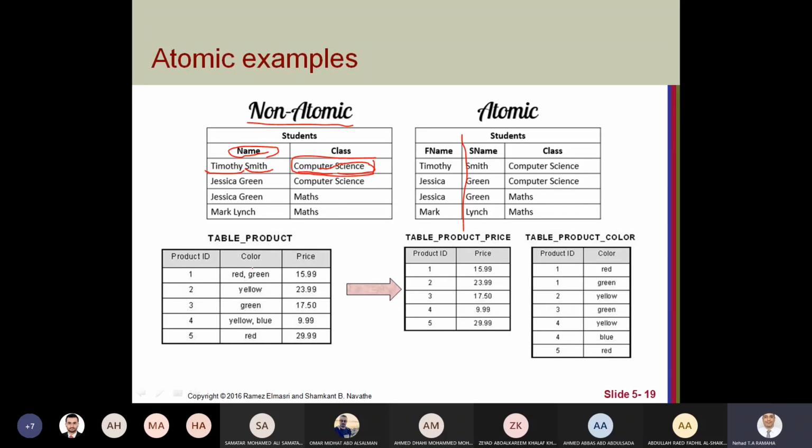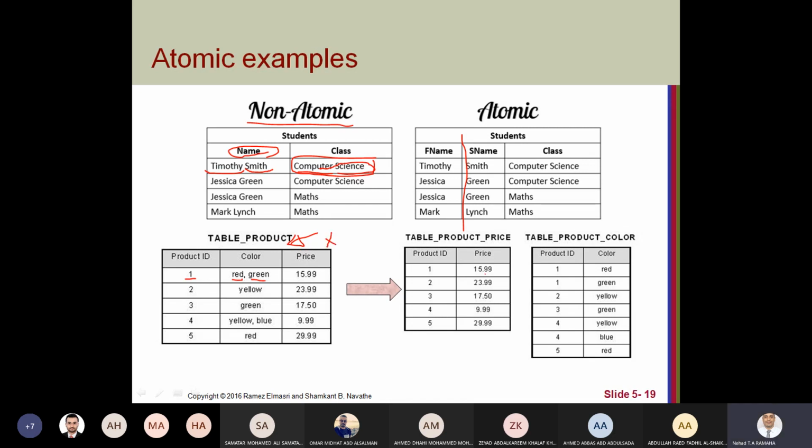Another example, when you have a multi-valued attribute. For example, here I have a product number, and this product could have two colors. Then I cannot build my database like this. This is not correct for the relational model.